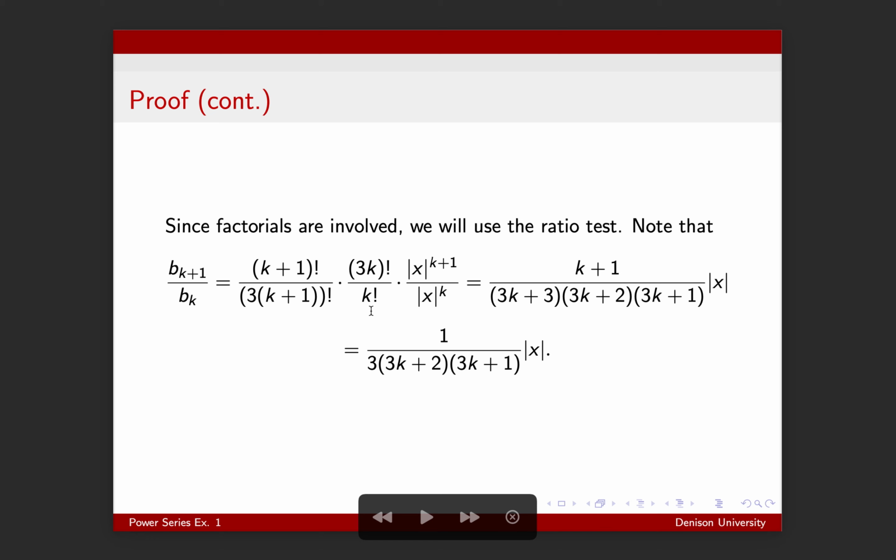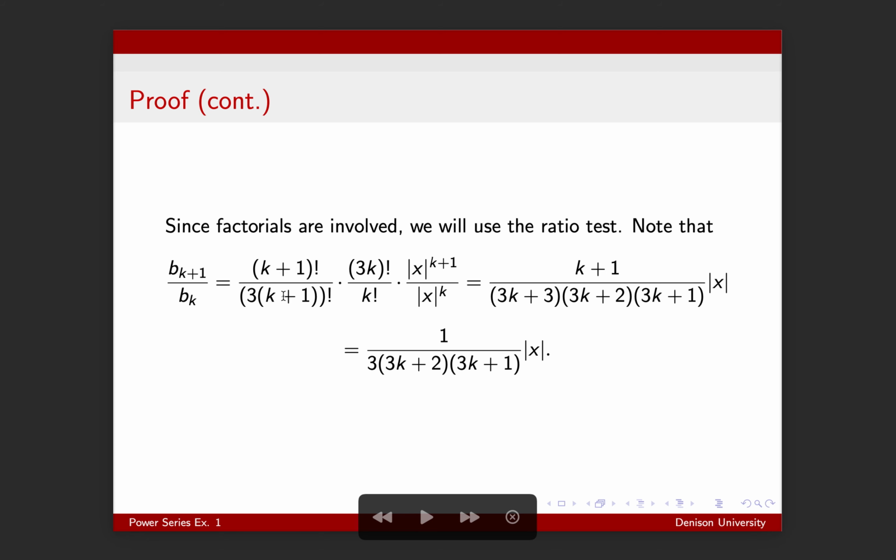We're going to have a lot of terms cancel here. First, k plus 1 factorial is just the same as k plus 1 times k factorial, so the k factorials cancel. We're left with k plus 1 in the numerator. For the 3 times k plus 1 factorial, we're going to have to bring a few terms out of the factorial for this to be able to cancel with 3k factorial.